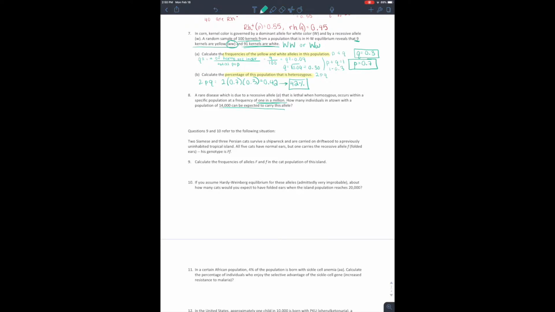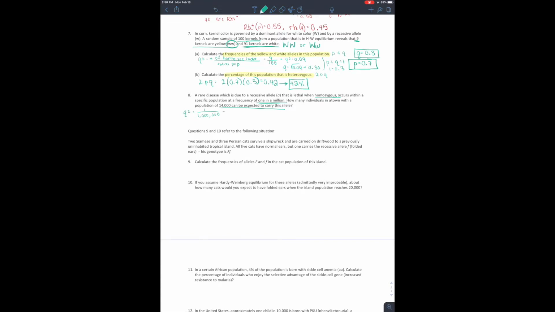Okay. Always start with the homozygous recessive percentage. So in order to have this specific lethal disease, you have to be homozygous recessive. And it tells you this occurs in about 1 in a million. So Q squared is literally 1 in a million.